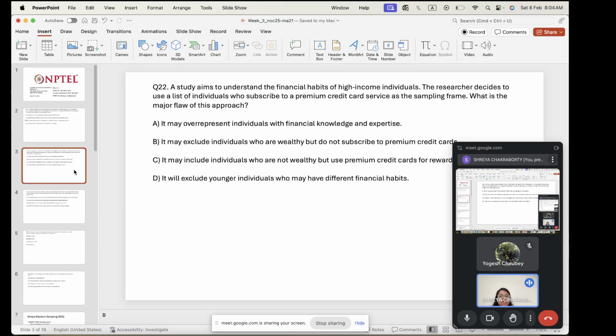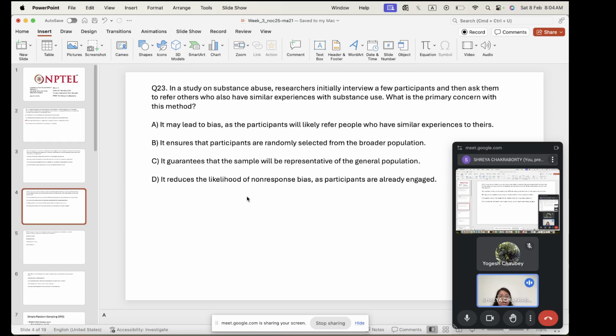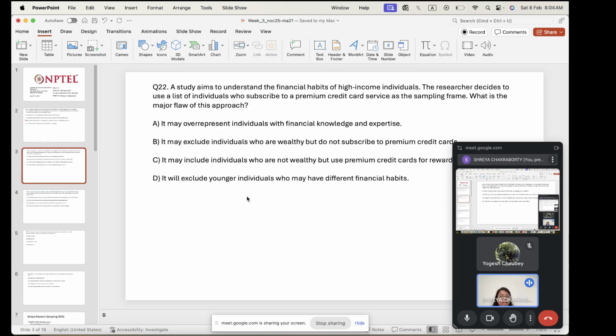It may overrepresent individuals with financial knowledge and expertise, may exclude individuals who are wealthy but do not subscribe to premium credit cards, it may include individuals who are not wealthy but use premium credit cards for rewards, and it will include younger individuals who may have different financial habits.